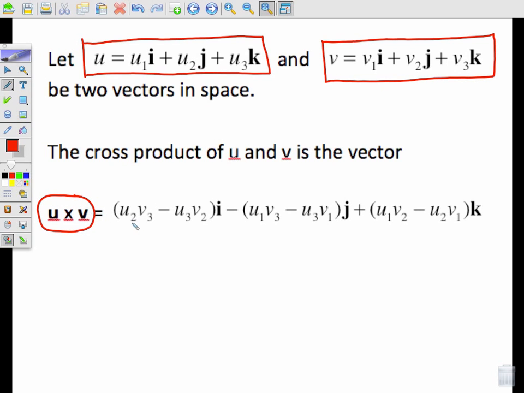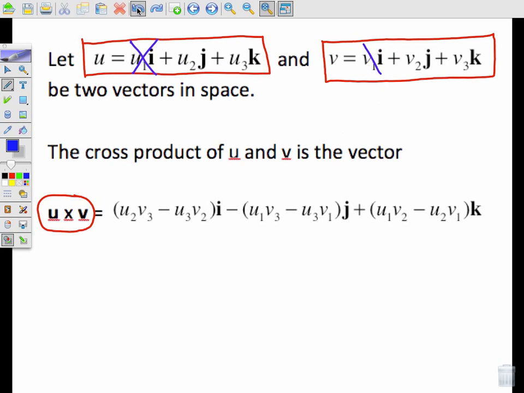You take u2, multiply by v3, subtract u3, multiply by v2. So in this first component, you are basically taking out the i's, or the u1 and v1, and you're doing the cross product with the other two.